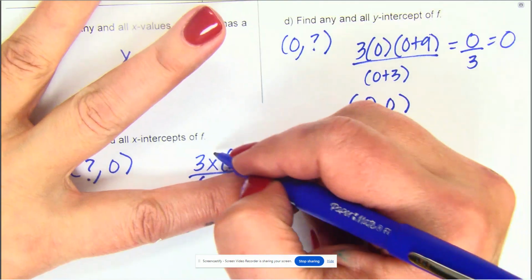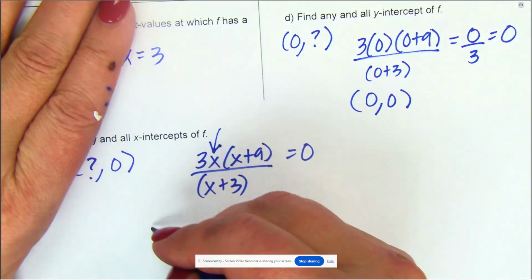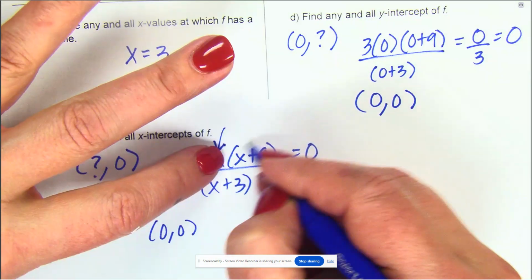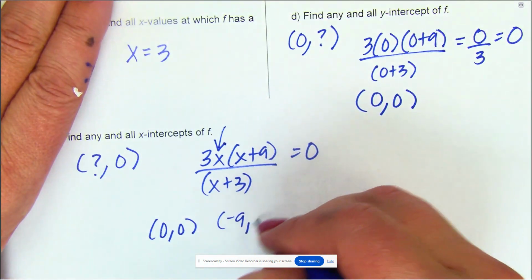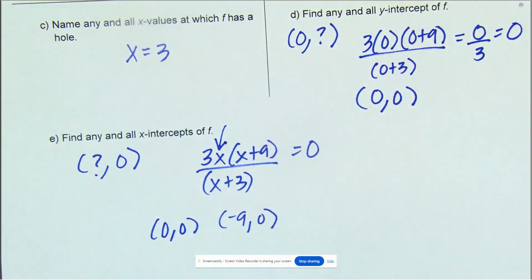So what makes this guy 0? A 0, so that's one of them. And what makes this guy 0? -9. -9, 0, and 0, 0. All right. Apparently the spacing is off because there's one more page.